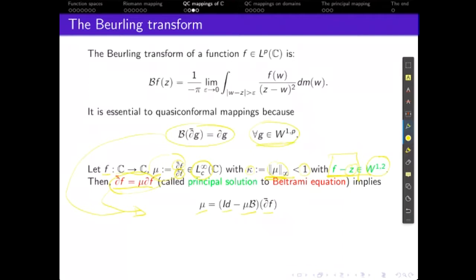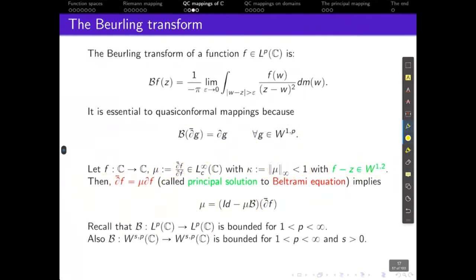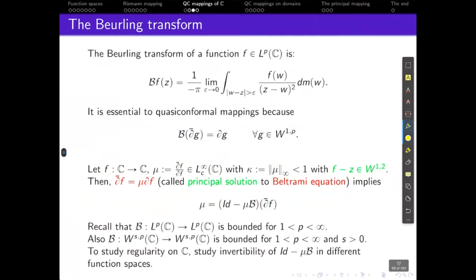Remember that you need this Sobolev property in order to apply it. You combine the three things, as an exercise, and you reach this identity. And in particular, what this is saying is that if you have knowledge about mu, the Beltrami coefficient, you can recover information about delta bar F if you know where this operator is invertible. Okay? So we need to study the invertibility of the identity minus mu times the Beurling transform.